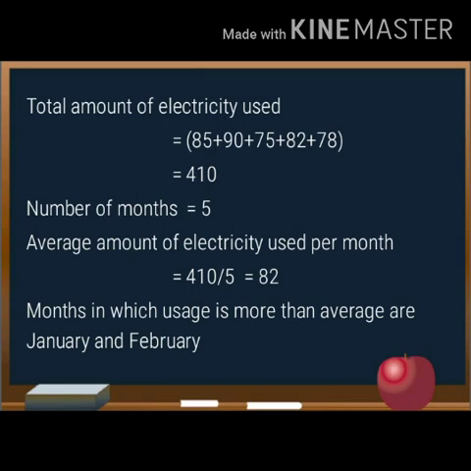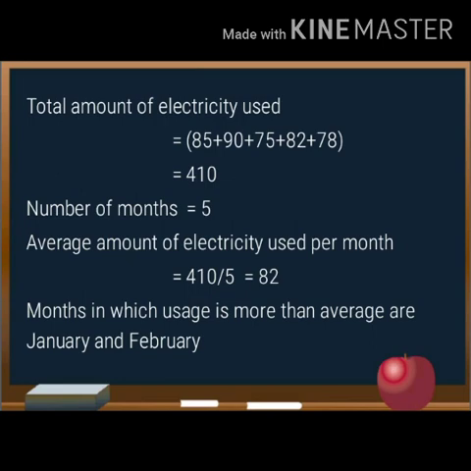First, we want to find the average amount of electricity used per month. So first we want to find the total amount of electricity used and divide that number by 5. Then we will get it as 410 divided by 5, that is 82. So, 82 is the average use of electricity per month.